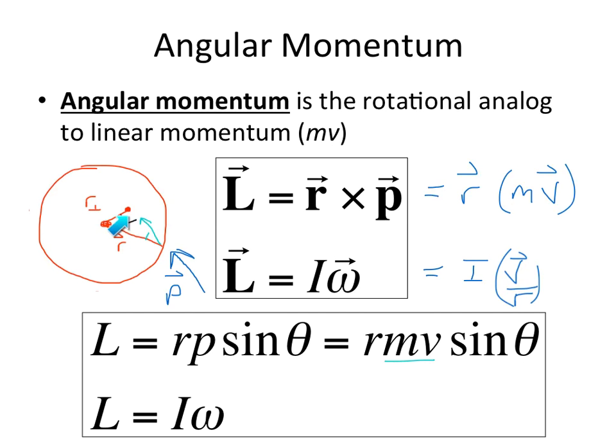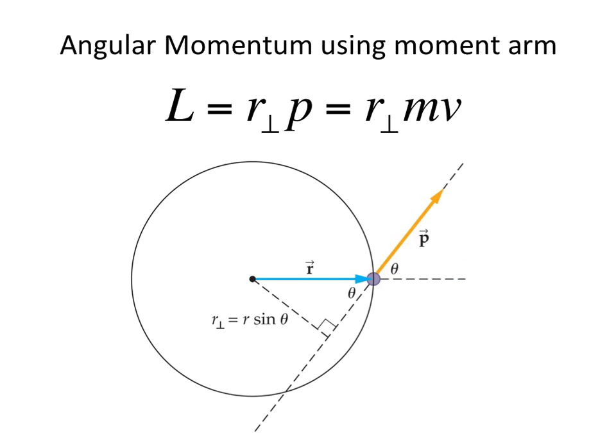So you can either say r times p sine of theta, or you could say p times r sine of theta. R sine of theta would really be this moment arm right here. So if this momentum hits a circular rotating object at a glancing angle, you might be hitting it on the outside edge, but it's really this radius right here that is the practical moment arm. We would write that in blue.